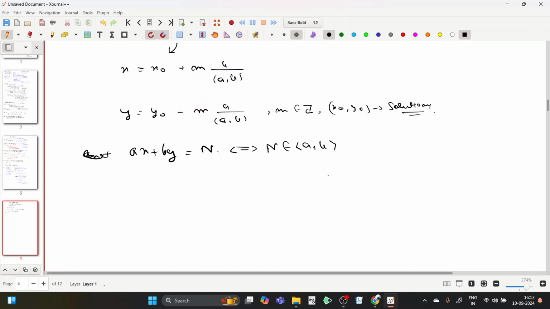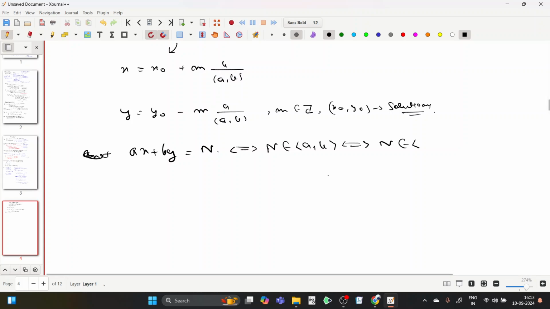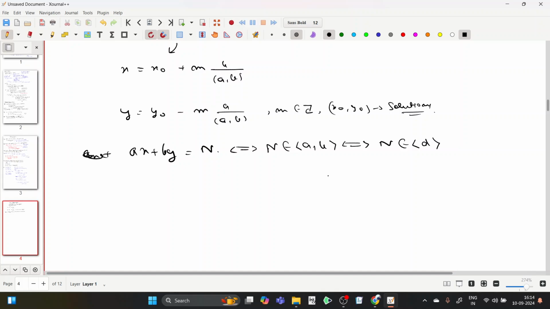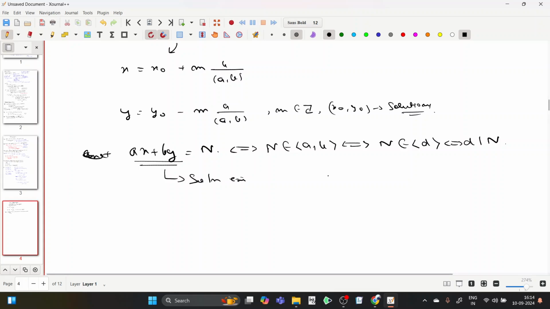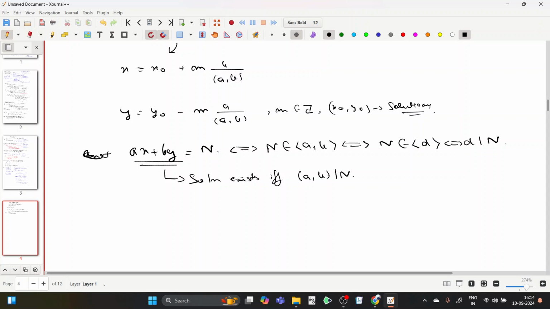But there is a well-defined GCD of a and b, so I can equivalently ask whether n is contained in the ideal generated by the GCD of a and b. That is equivalent to saying whether d divides n or not, which means this has a solution if and only if the GCD of a and b divides n. Clear? Got it? So this is an existence of solutions in the case of linear Diophantine equations.